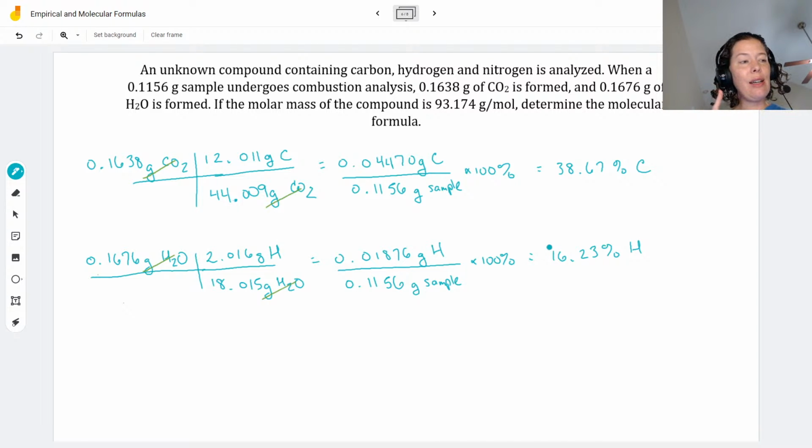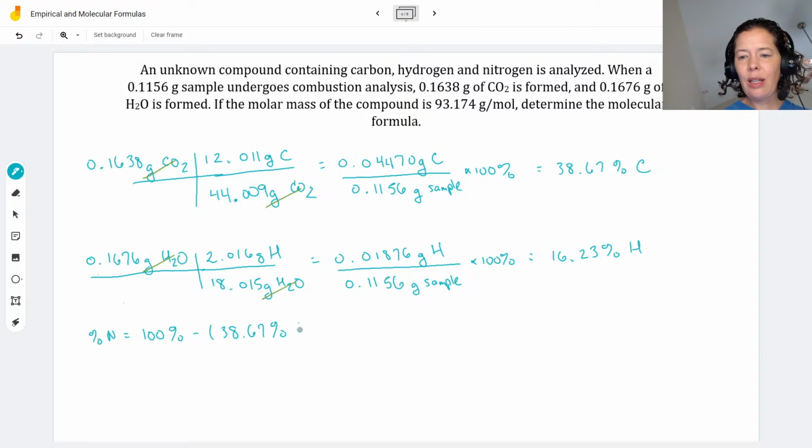The last thing before we assume we've got 100 grams of this compound and go through kind of our normal routine is we've got to calculate the percent nitrogen. So our percent nitrogen here is simply going to be, again, the difference from 100. So here is my percent carbon and my percent hydrogen.